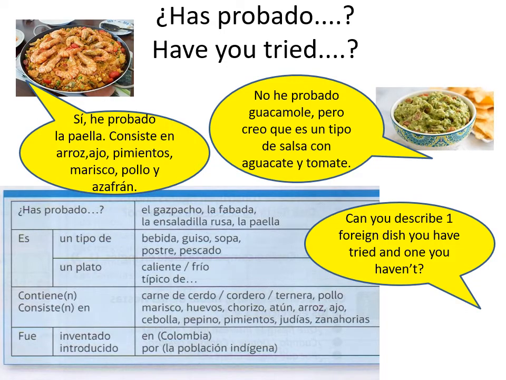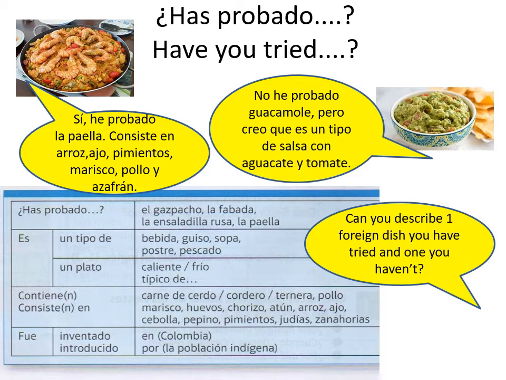So the main thing that we'd like you to use this lesson is the perfect tense. Now we've seen a couple of past tenses already. The perfect tense is talking about something that has happened in the past. As you may already have come across, I'll highlight it here for you.